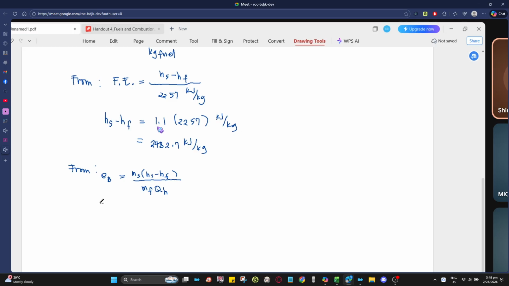So, therefore, mass of fuel is equal to mass sa steam. We have mass sa steam of 175,000 times the 2482.